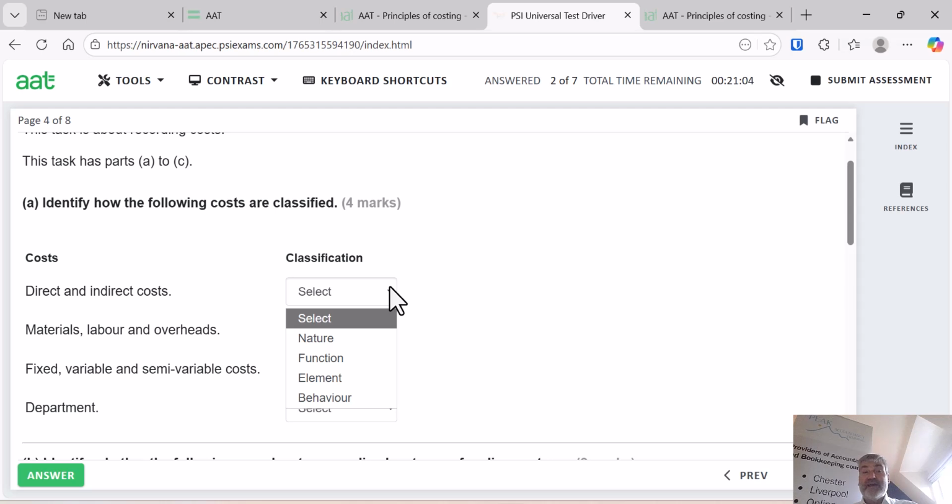There is a straight relationship between the activity and the cost. So in one way you could say, if we didn't do the activity, we wouldn't incur the cost at all. That is the nature of a direct cost.